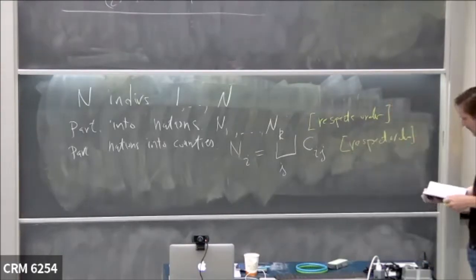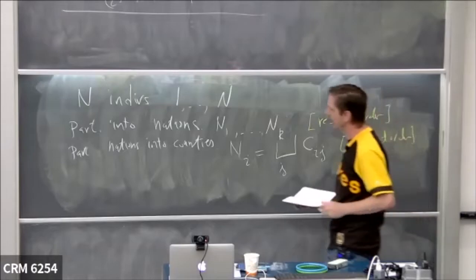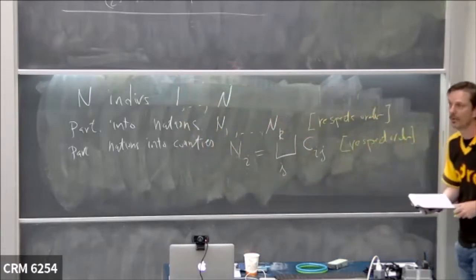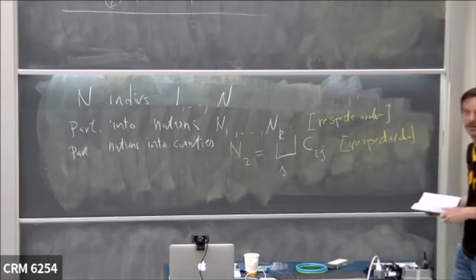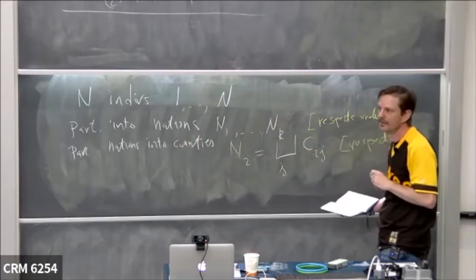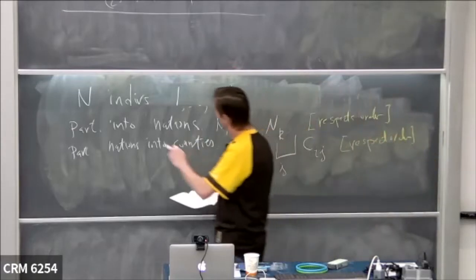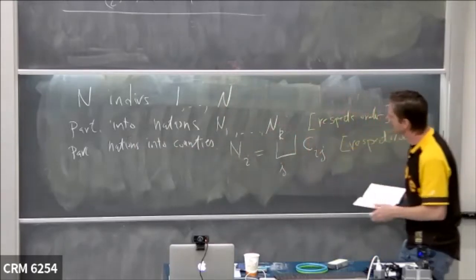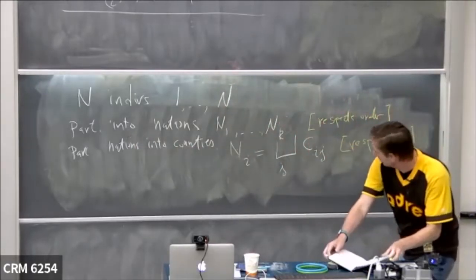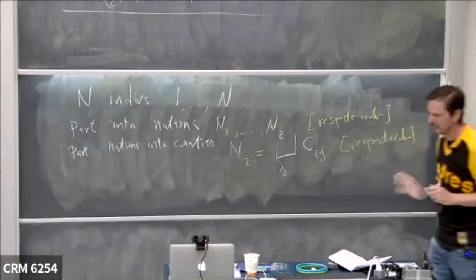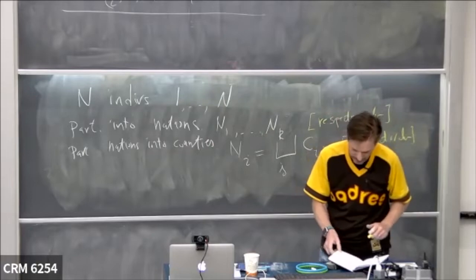Now I claim that for any such thing, I can give you a charge conserving Yang-Baxter operator, and moreover, any charge conserving Yang-Baxter operator can be constructed in this way up to these symmetries. I should be slightly careful here: when I partition into nations, it won't be quite a transversal. There are some weird reasons, but it's almost.